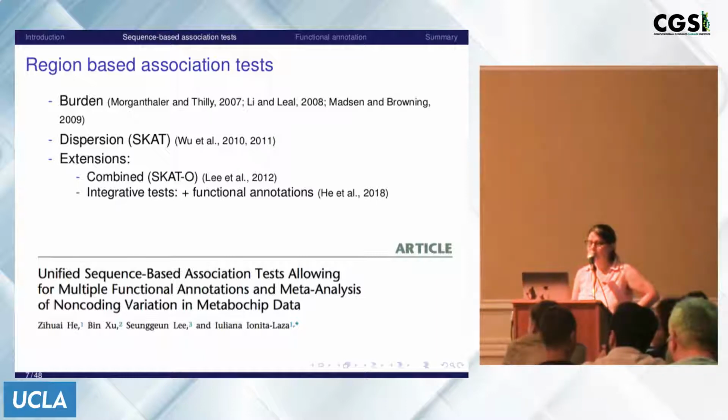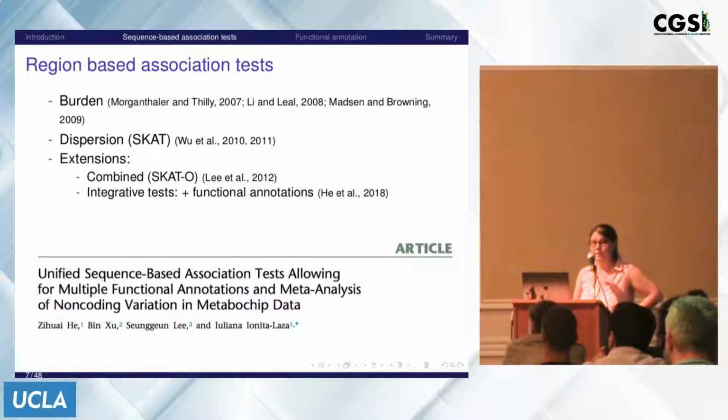And then there are a lot of extensions of these basic tests. There is a very useful extension called SKAT-O, which is an optimal combination of the burden and dispersion test. And then there are integrative tests, the ones that I'm going to talk about, where you integrate functional annotations into the testing procedure to hopefully improve the power of this test.